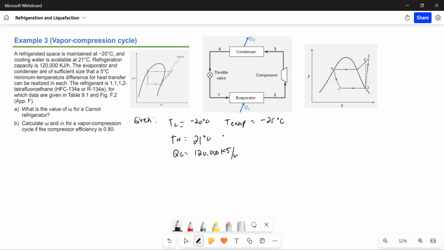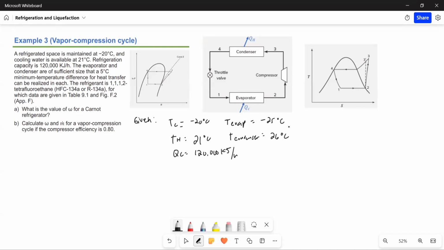Okay? And the temperature in the condenser should be what? 26 or 16. So it should be 26 degrees Celsius.